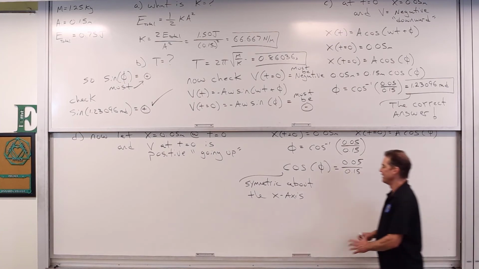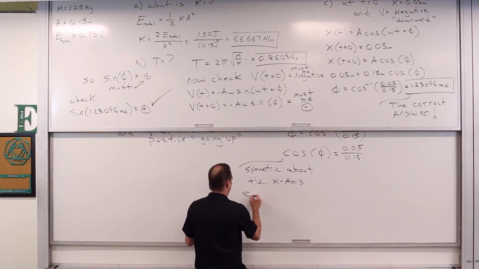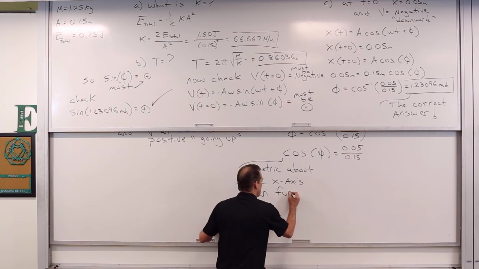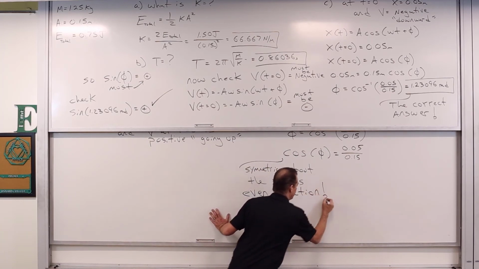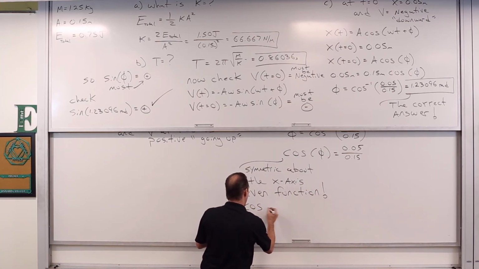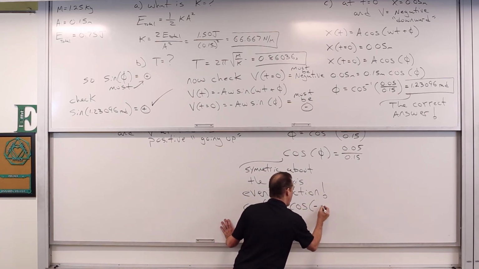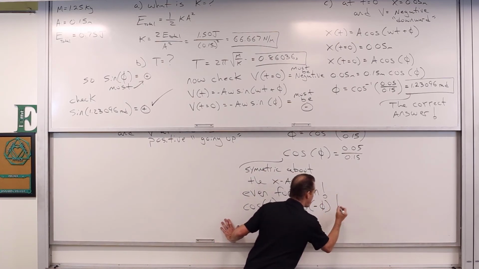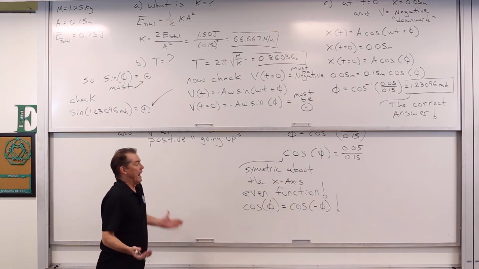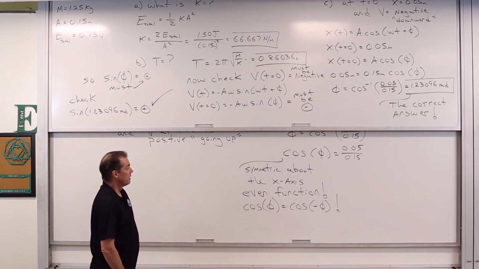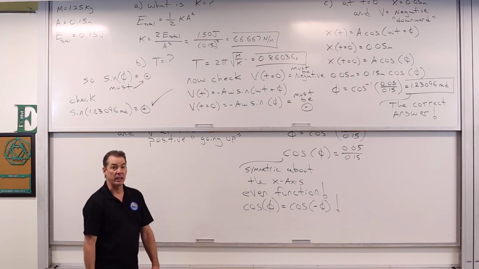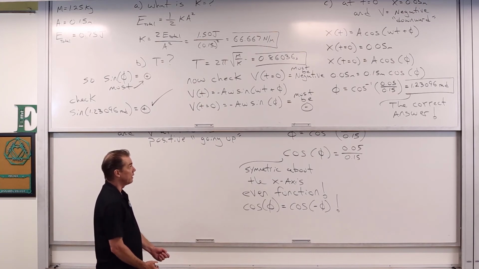Even function. Cosine of phi is equal to the cosine of negative phi. That's the other answer right there. Boom, negative phi gives us the same thing.